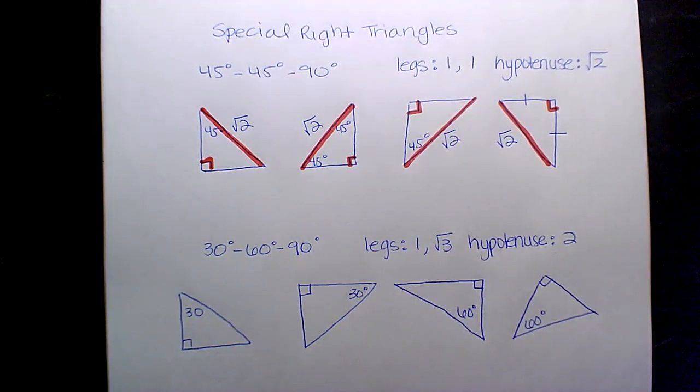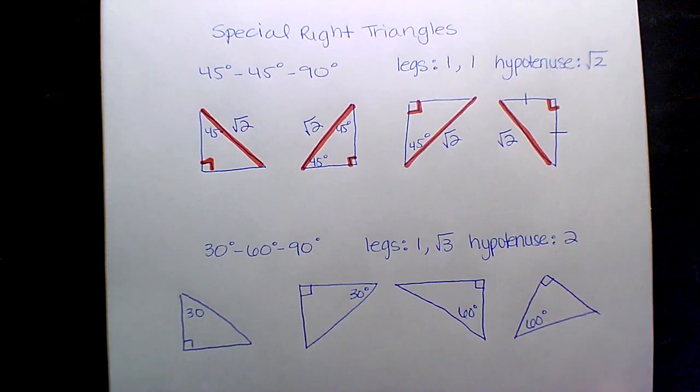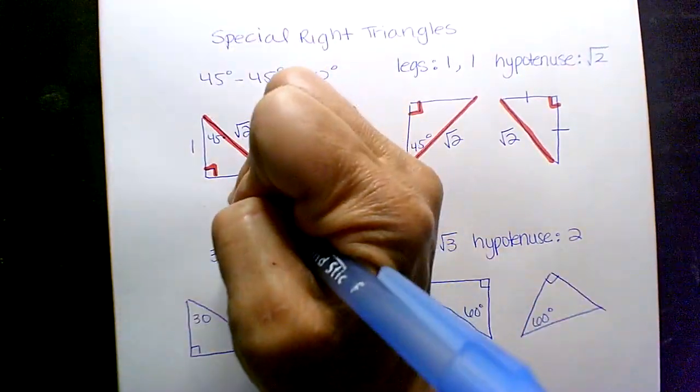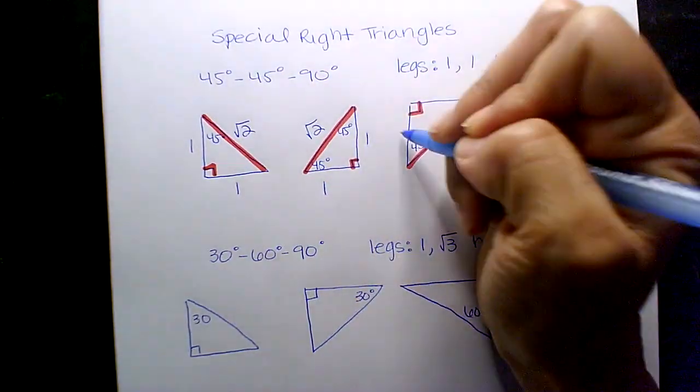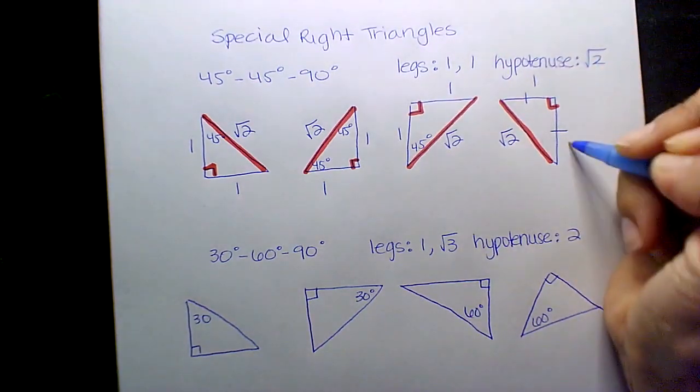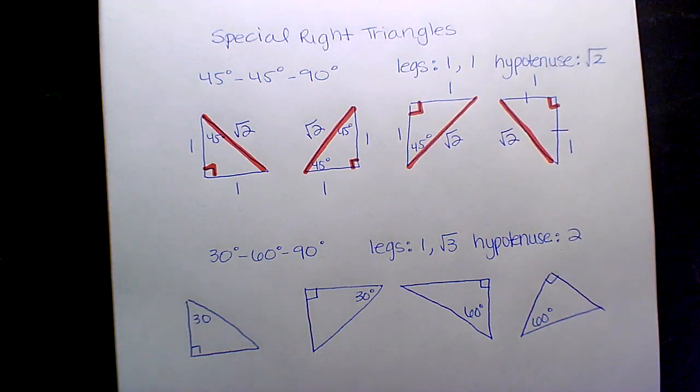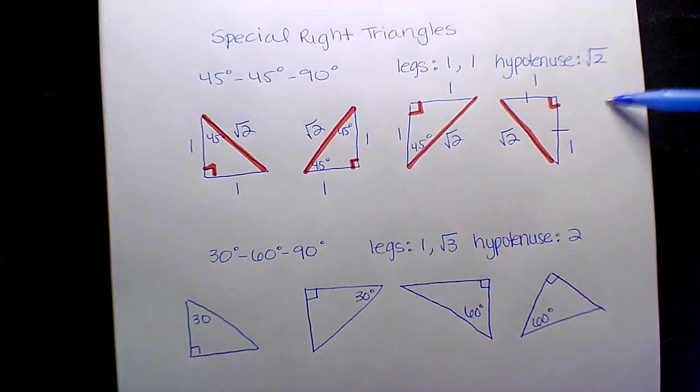Your legs are 1, 1. A 45, 45, 90 has equal legs. So this is just 1, 1, 1, 1, 1, 1. If they give you these tick marks, they expect you to understand that that means equality, congruency, right?